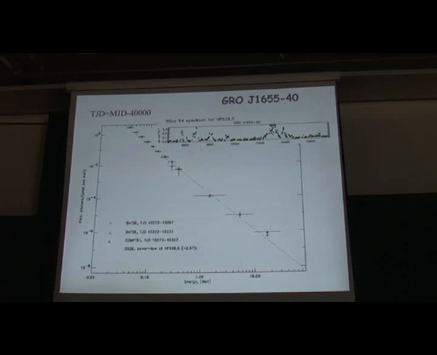And this is another episode of activity of this source, which belongs to this period of time. And again, this is the same spectrum. It's the same slope, minus 2.6 about, power law, from 40 keV up to again 10 MeV.